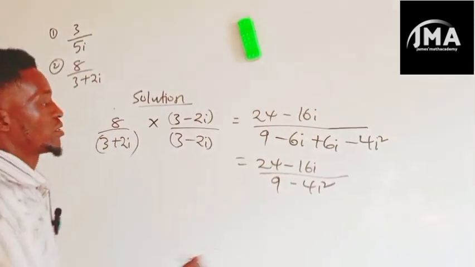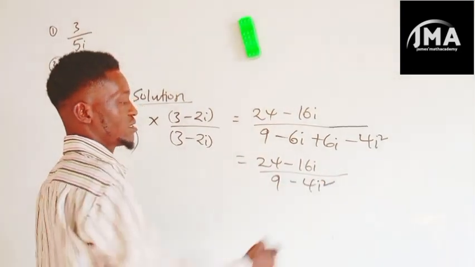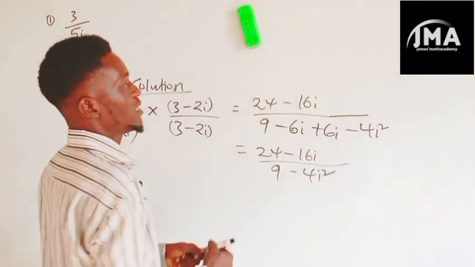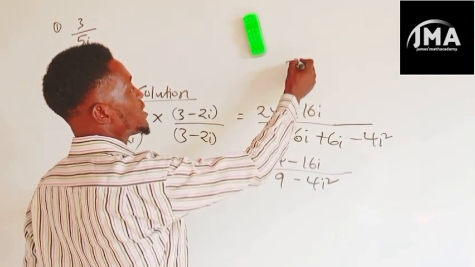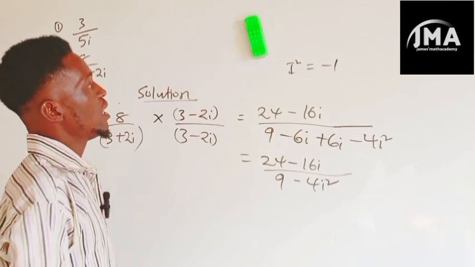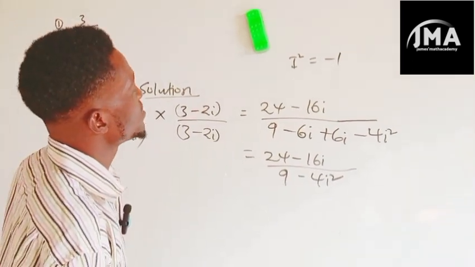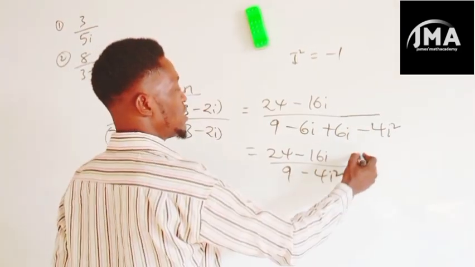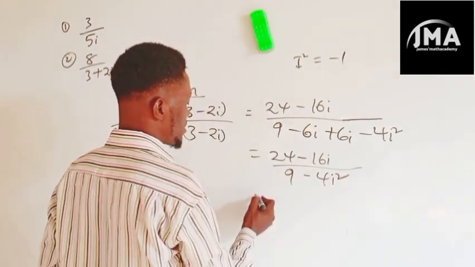So let me put the dots here to indicate that this is an imaginary number. But for our identity, we know that i squared is equal to minus 1, ain't it? That means anytime you see i squared, represent it as minus 1.